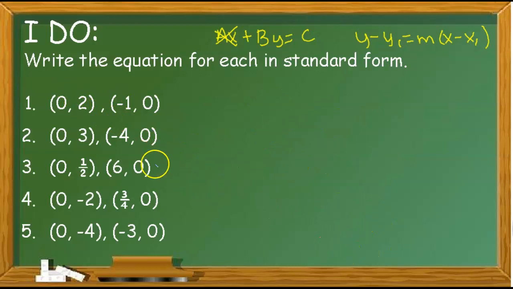So the next one here, just trying to make it a little bit more difficult, gave it to you with fraction in there. So y minus y, so 0 minus 1/2. X minus x, so 6 minus 0. And if you'll notice on these, to be sure you go right, the zeros are on opposite sides. So I've got a -1/2 divided by 6.